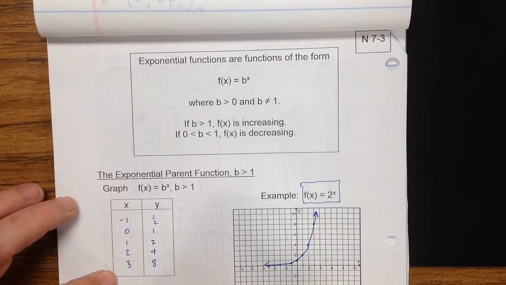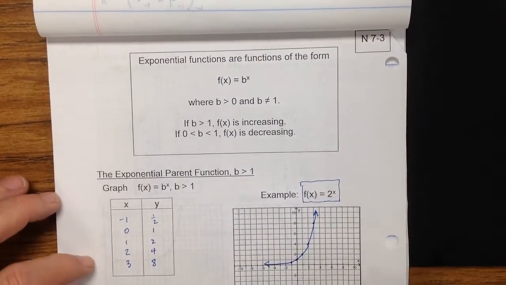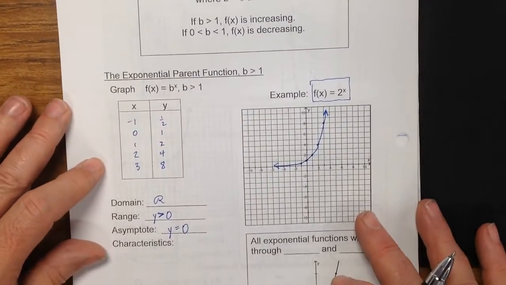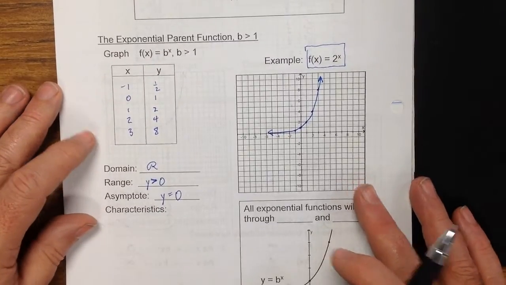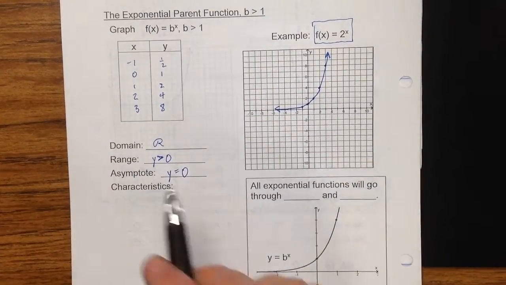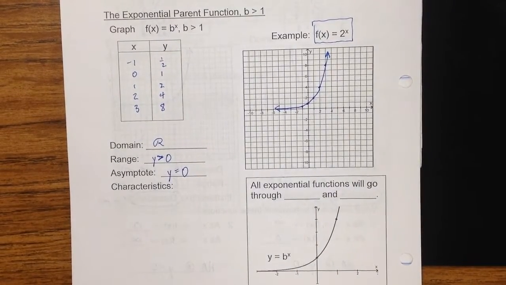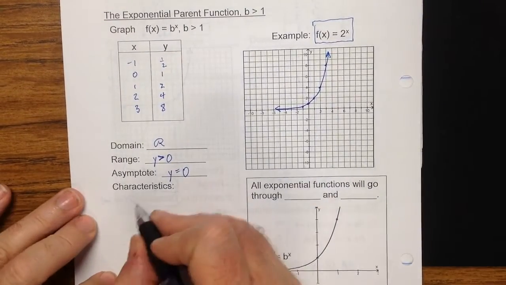Domain, all real numbers. The range, y greater than 0. Asymptote, got a horizontal asymptote at y equals 0. Sorry about that, I was going off the page here. All right, so we said all real numbers, y greater than 0, y equals 0 is the asymptote. Characteristics then. This is a one-to-one function.